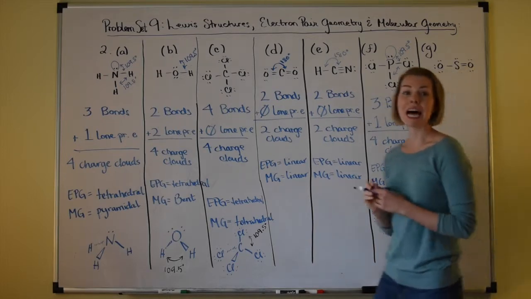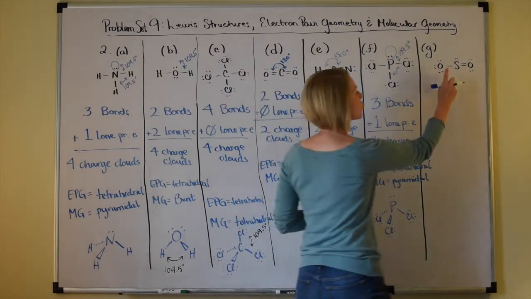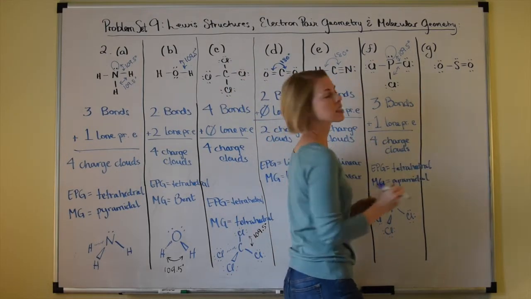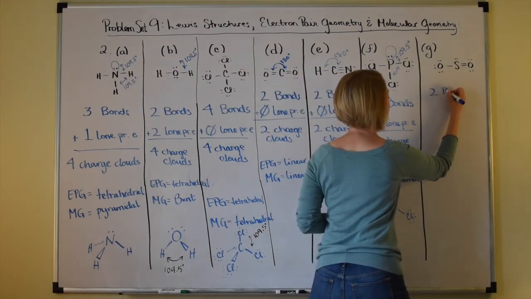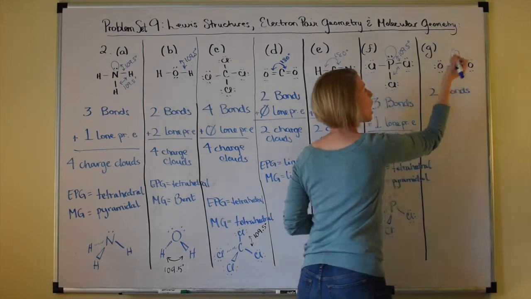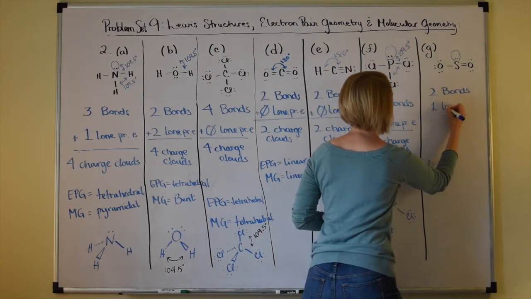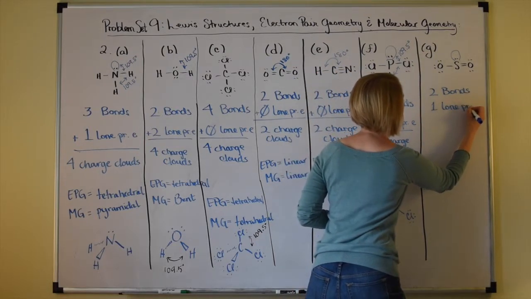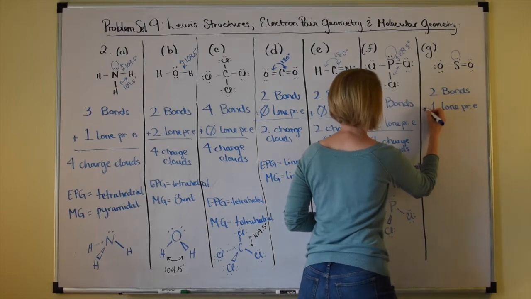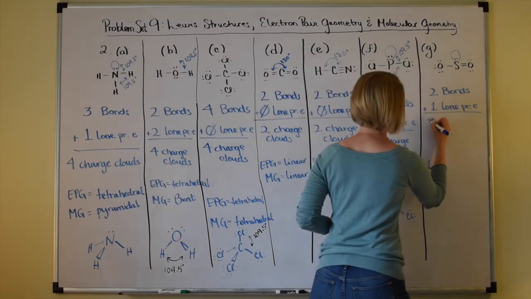All right, last but not least, we have sulfur dioxide. We have 2 bonds about the central atom and 1 lone pair of electrons, for a total of 3 charge clouds.